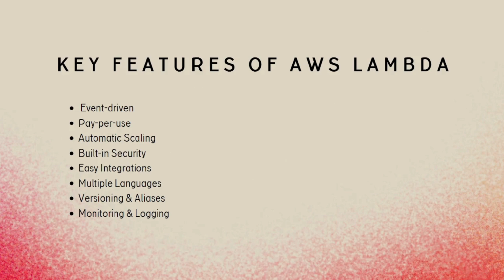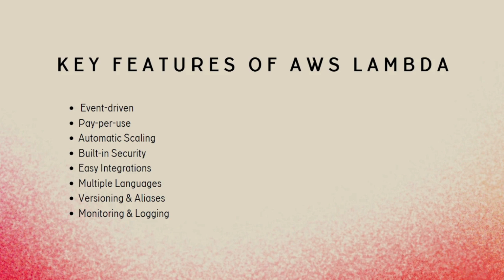Now the key feature of AWS Lambda is that it is event driven. Here Lambda runs your code in response to events like HTTP requests, file uploads, DB updates, etc. Now Lambda is pay per use. That is, you are charged only for the compute time you use and there is no idle cost.